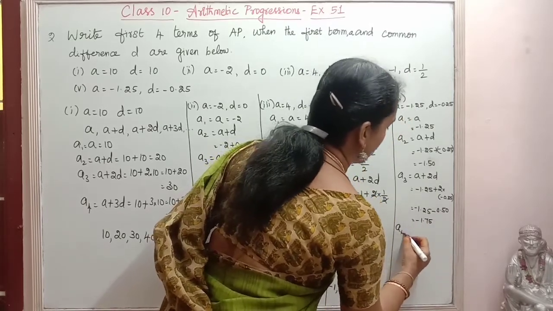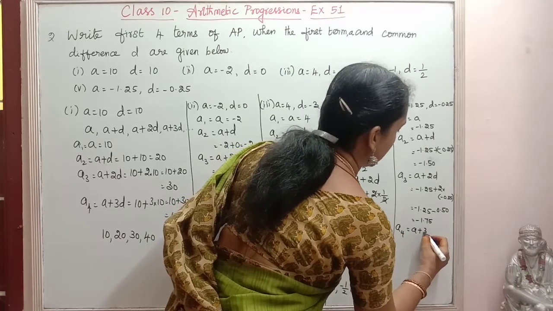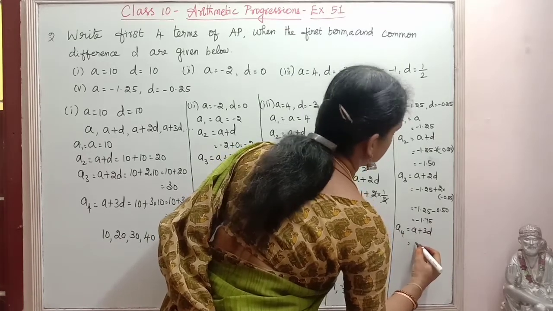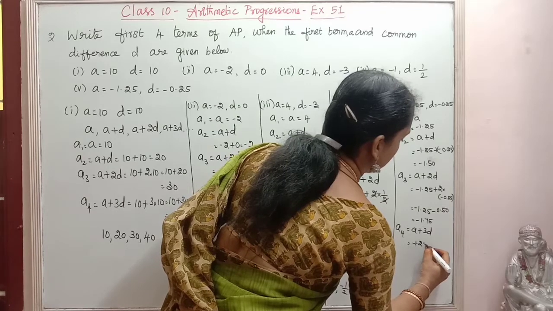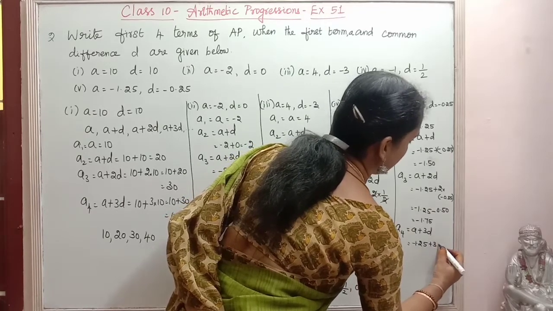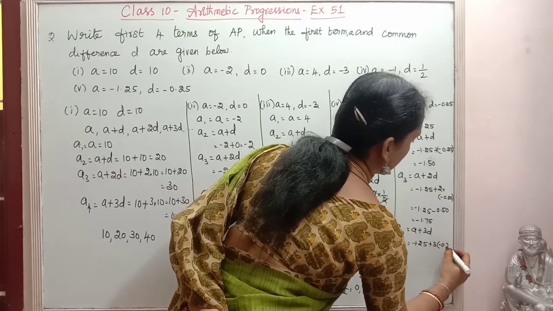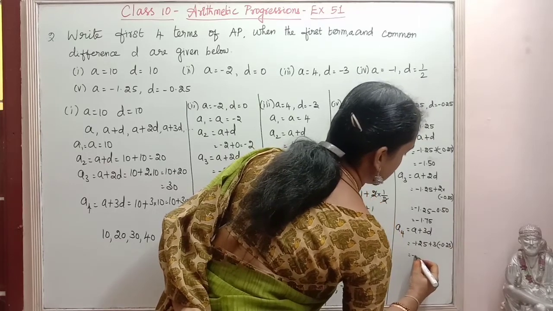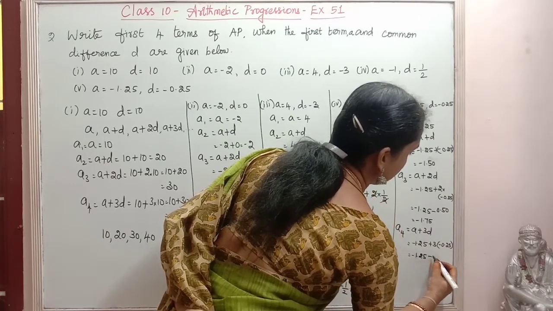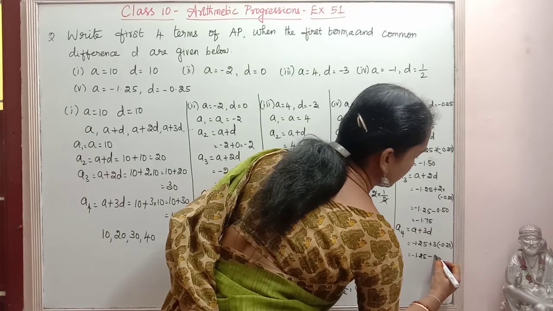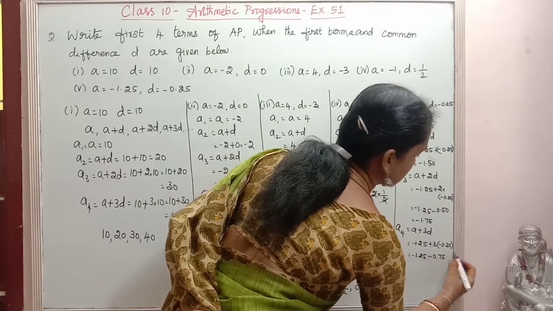Then A4 is A plus 3D. So A is minus 1.25 plus 3 into minus 0.25. So this will be minus 1.25 minus 3 into 25 is 75, so 0.75.